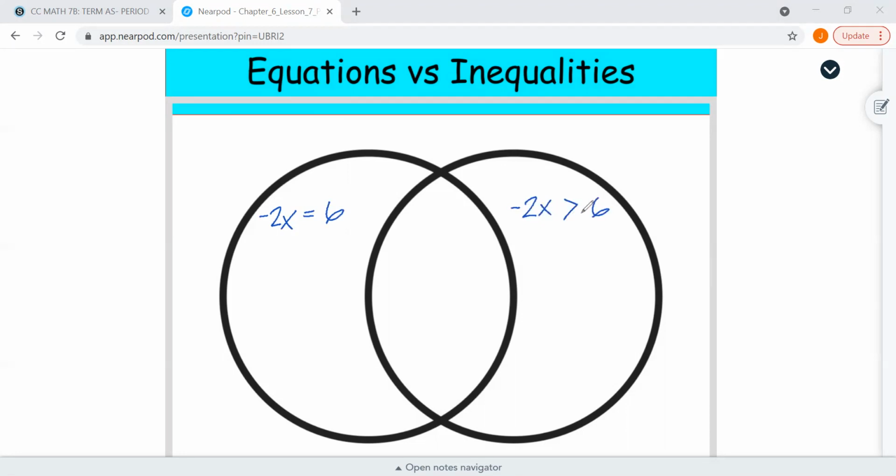Last time we talked about common characteristics that both equations and inequalities share: both of them have variables, like x or m, and also both of them have numbers.